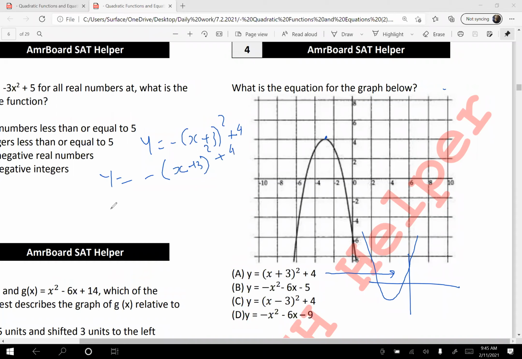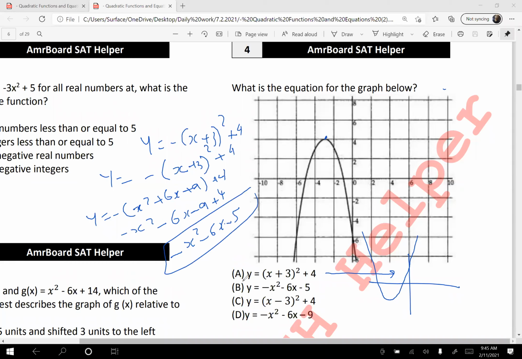Okay, I'm going to solve. Y equals negative and expand this one, which is x squared plus 6x plus 9, plus 4. So negative x squared minus 6x minus 9 plus 4, it will be negative x squared minus 6x minus 5, which is B. Thank you.